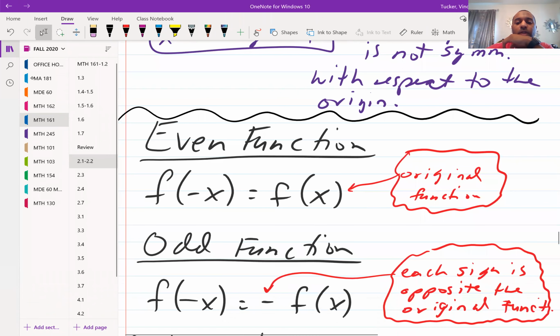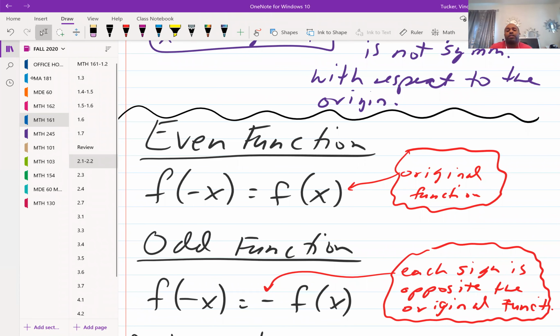All right. So when you talk about an even function, if you plug in negative x and it is the same as the original function, then it's considered even. For an odd function, if you plug in negative x and each one of your signs are opposite the original function, then it is considered odd. So once again, when you plug in negative x and simplify, if you have the original function, then it's an even function.